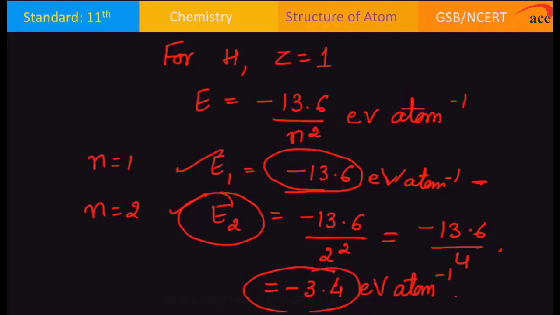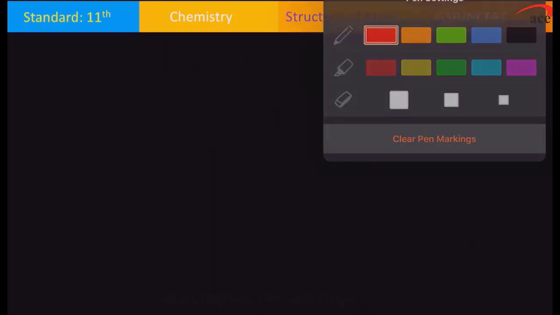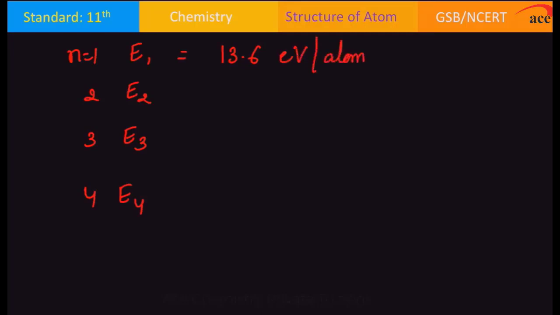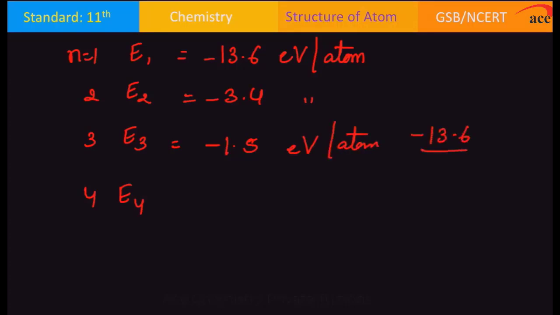I repeat, if I consider E1, E2, E3, E4, n is 1, 2, 3, 4. So we know this is minus 13.6 eV per atom. This we got minus 3.4. This will be minus 1.5. Why? Because here you have divided it by 9. So what are you concluding?